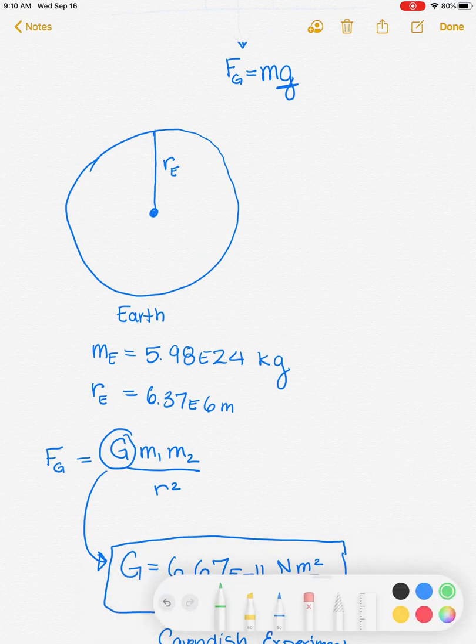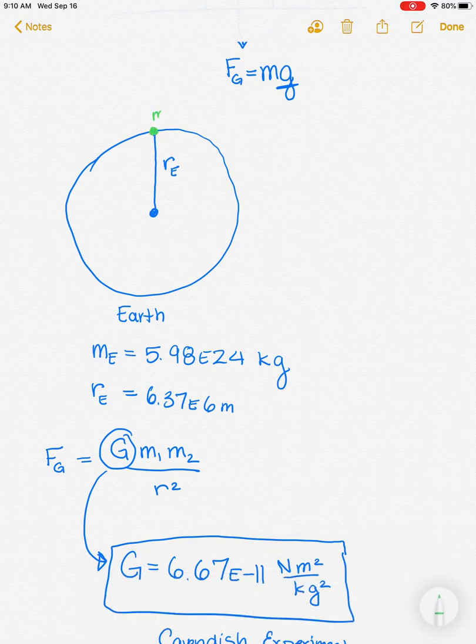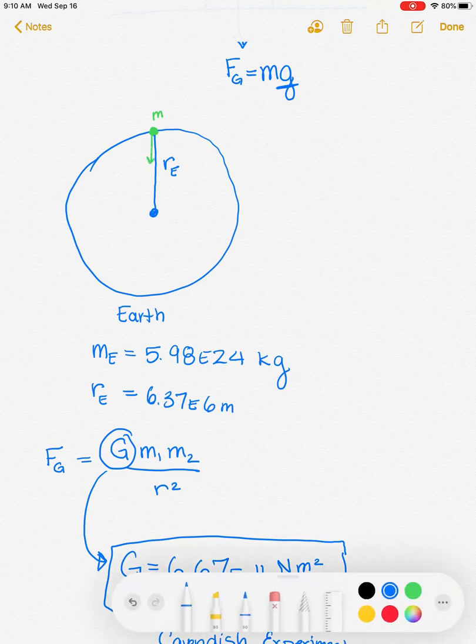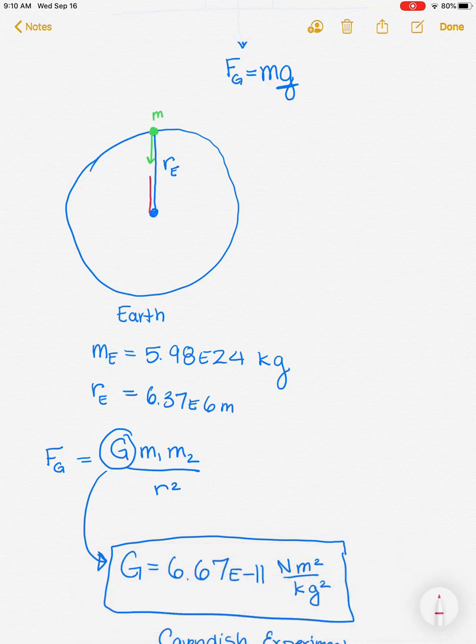If I have an object on the surface of the Earth of unknown mass m, being pulled towards the center of the Earth, well, the Earth is also exerting a gravitational force on that object, Fg, pulling it closer. So here we have Fg minus mg equal to 0 because the object is no longer moving.